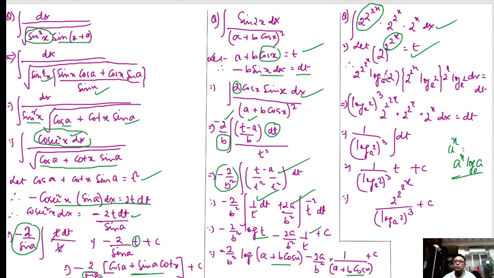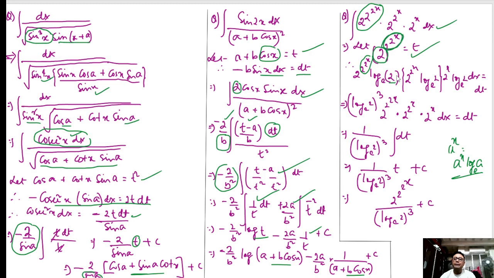So 2 to the power this, that means a to the power x log a. Okay friends. So here this is our a to the power x log e a, this is our a. This part is our a and this part is acting as x.